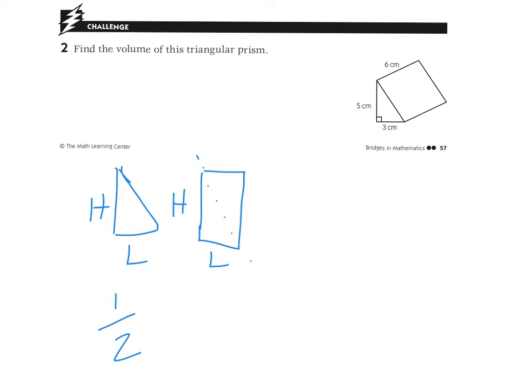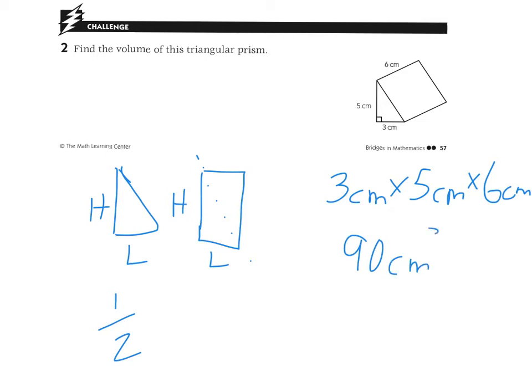So we would find the volume of this triangular prism by finding the length, which is 3 centimeters, times the width, or height, times 5, and then times 6, which is the width. And what we would get there is 90 centimeters cubed, but that would be if this were a rectangular prism, and it's not.